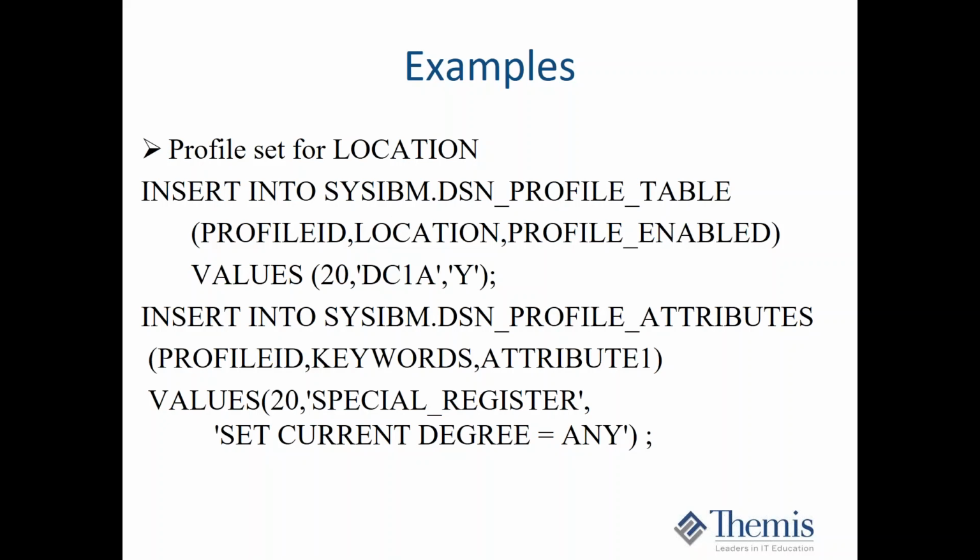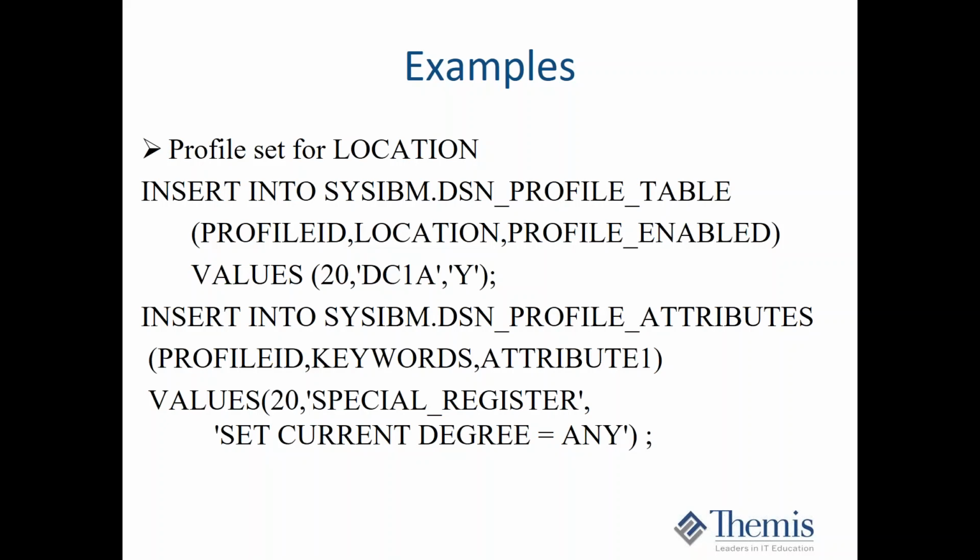Right now the default in the ZPARM is degree 1, okay? So it doesn't dynamically bind with degree ANY, allowing for CP parallelism. So a little performance tuning thing. They're going against these large partitioned table spaces. They're using DPSI indexes. So I want them to be able to use parallelism to decrease their elapsed time.